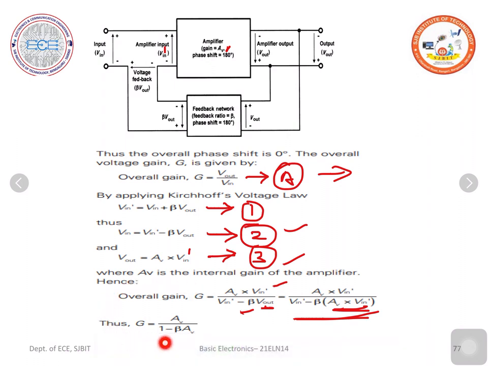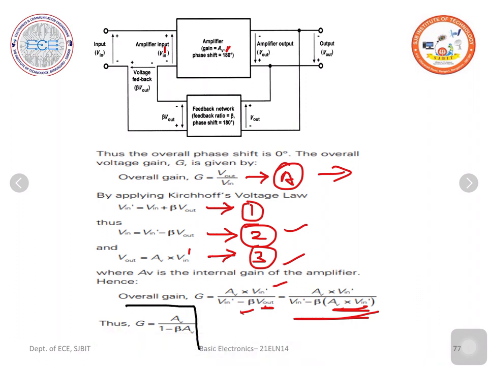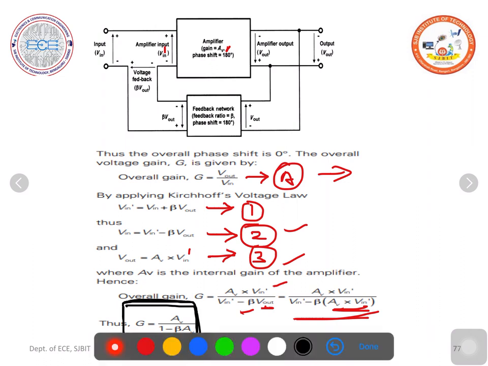Finally what is remaining here is the overall voltage gain of this feedback amplifier, AV divided by 1 minus beta AV. If you remember, in the negative feedback G is equal to A by 1 plus A beta. But in the positive feedback we got AV divided by 1 minus AV into beta.